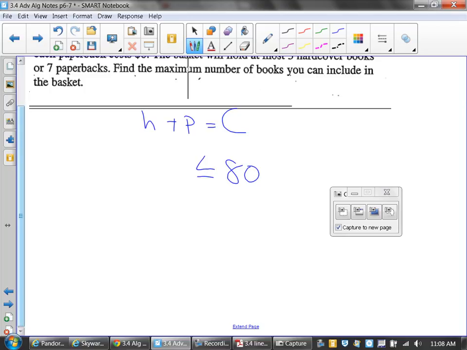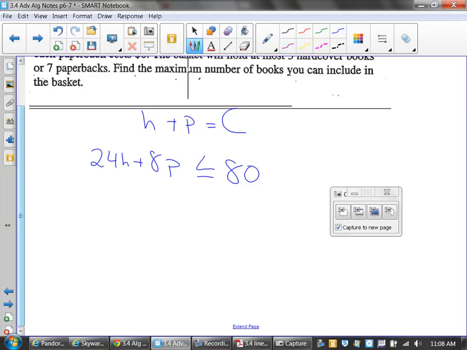Very good. Now, when you're purchasing books, does it say how much each one of them costs? How much are the hardcover books? There's your first constraint. You are bound by that value for that equation for your money.